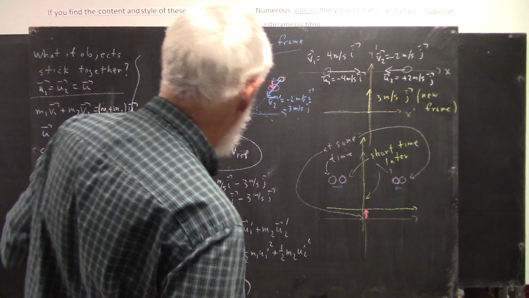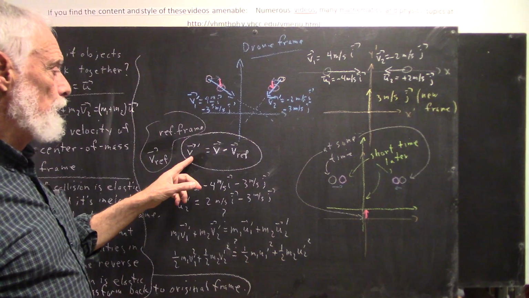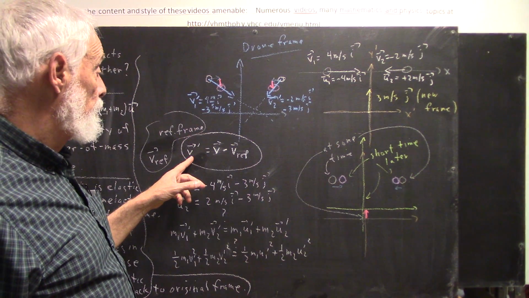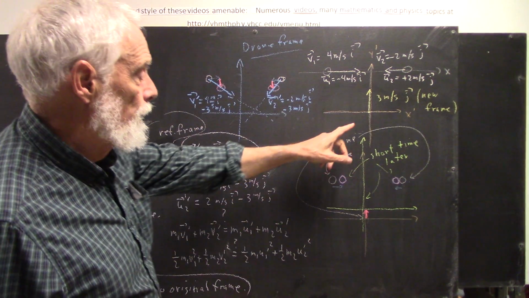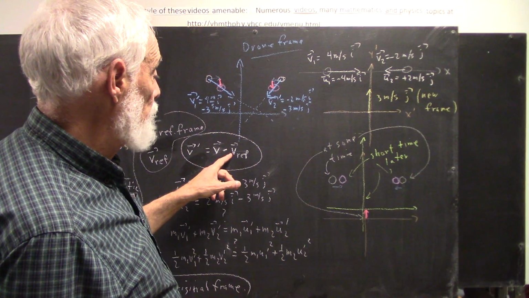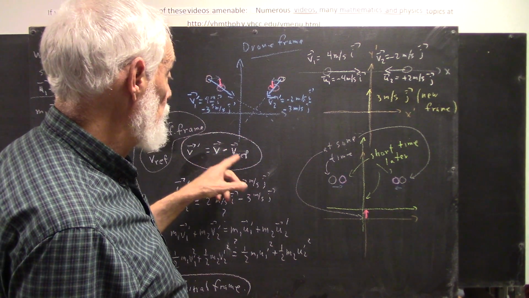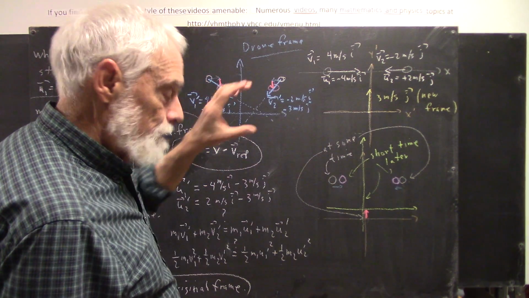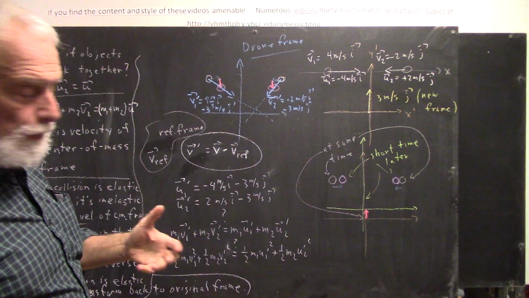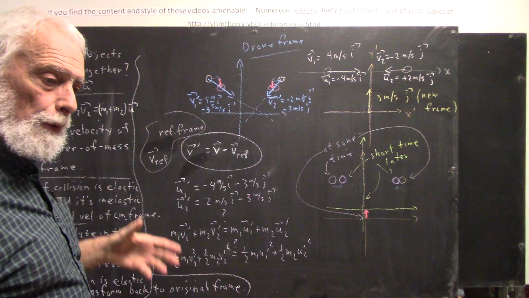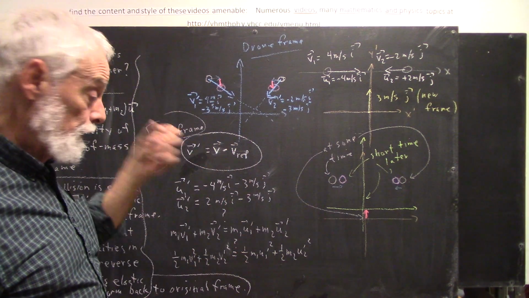Okay, so there's a generalization of that, and you really need to think through this in detail: v prime, the vector velocity as measured from the drone frame, is equal to the velocity in the original frame minus the velocity of the reference frame. Your book gives you subscript rules and all sorts of things, but you really need to be able to visualize this and make sense of this relationship.